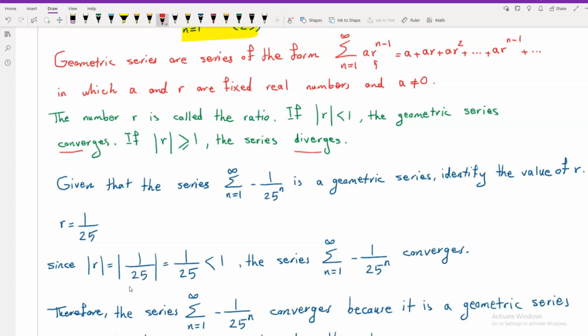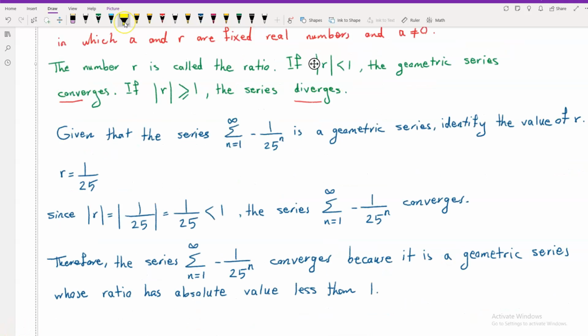So the series converges because it is a geometric series whose ratio has absolute value less than 1.